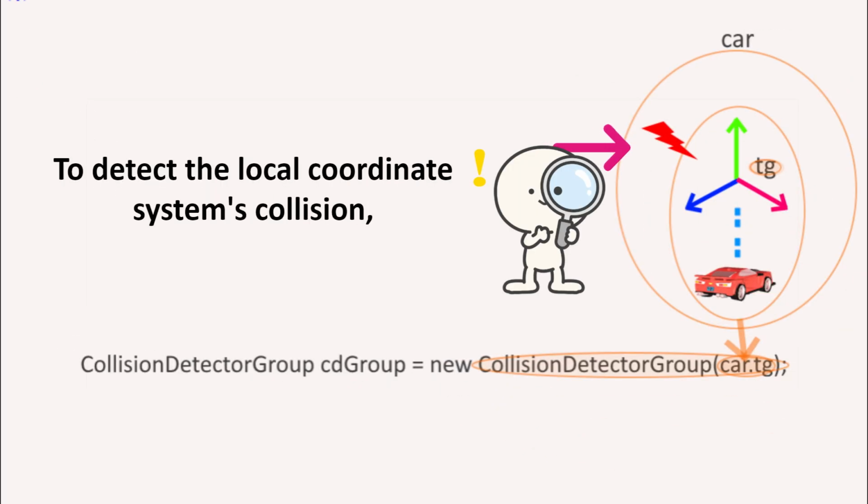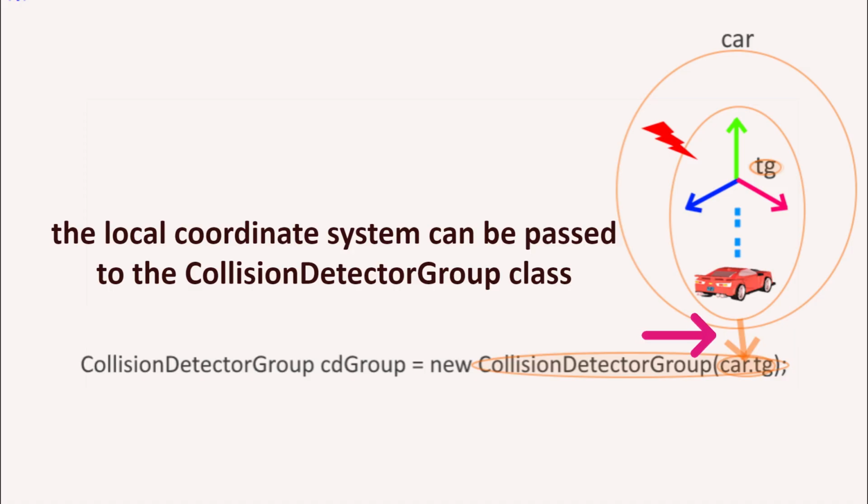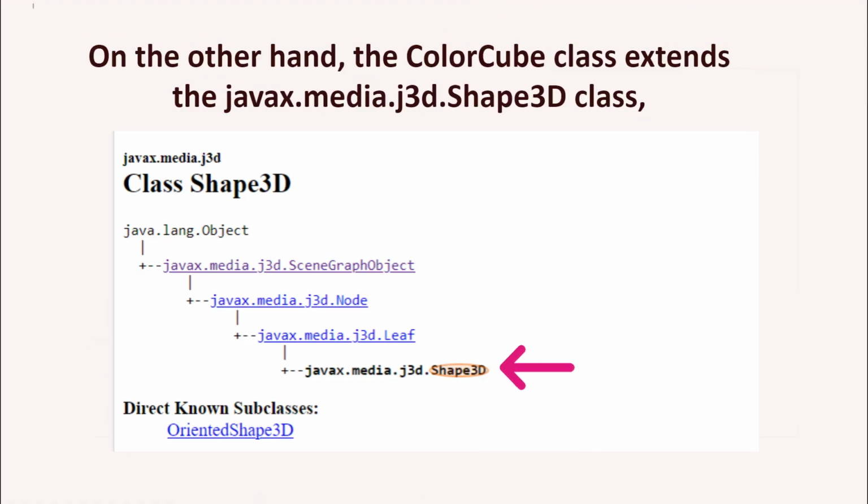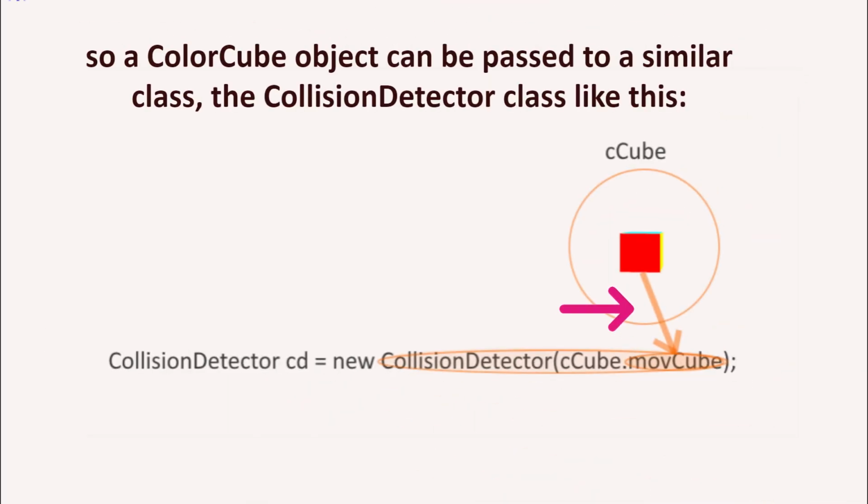To detect the local coordinate system's collision, the local coordinate system can be passed to the CollisionDetector group class that I had created in advance like this. On the other hand, the ColorCube class extends the javax.media.j3d.Shape3D class, so a ColorCube object can be passed to a similar class, the CollisionDetector class, like this.